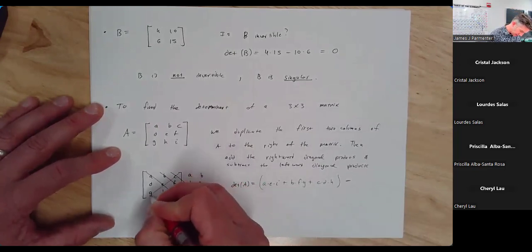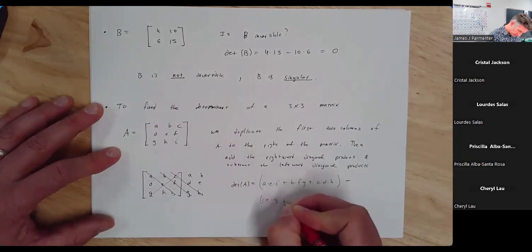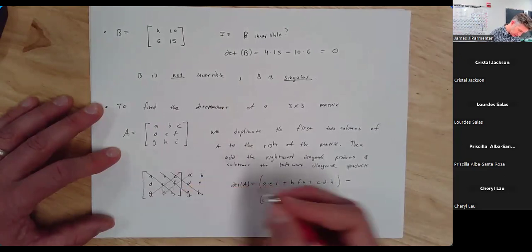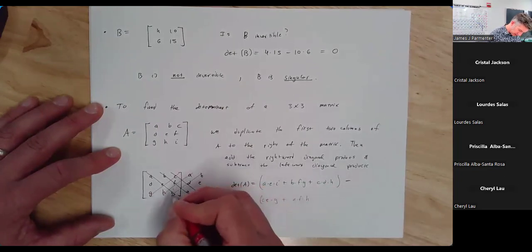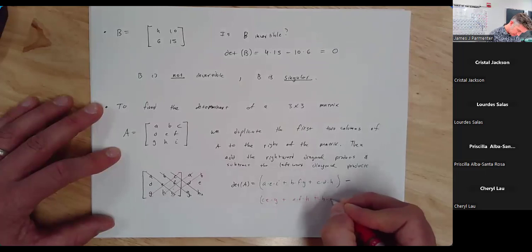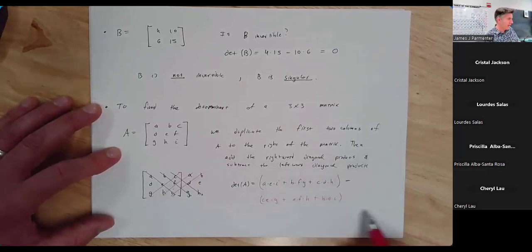So C times E times G minus A times F times H minus B times D times I. I know I'm saying minus and I'm writing a plus sign because it's minus all of that added together.